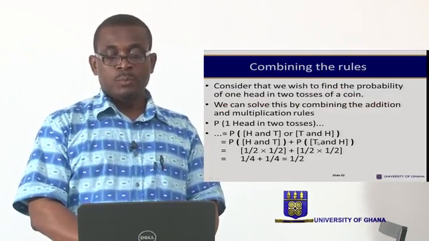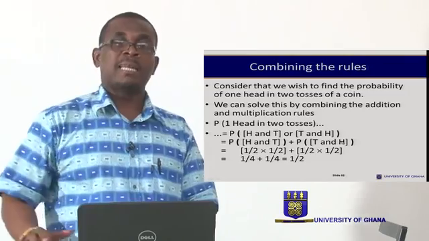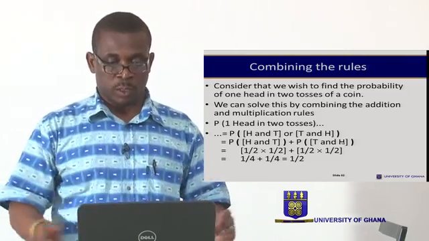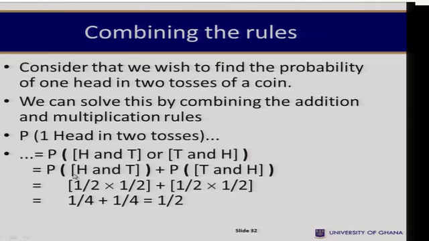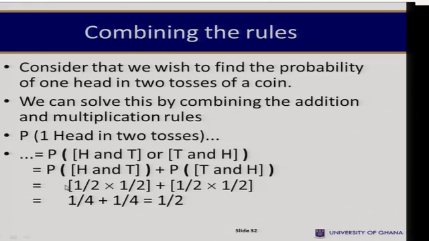Or in this one, the tail appears first, the head appears second. In either case, the head appears once. So, because this is head and tail, we can apply the multiplication rule, and then we can also apply the multiplication rule because it's tail and head, but the or here means we use the addition rule.